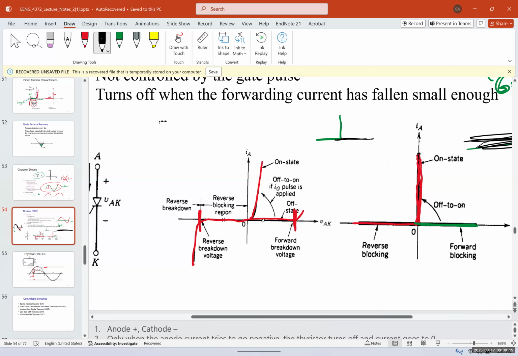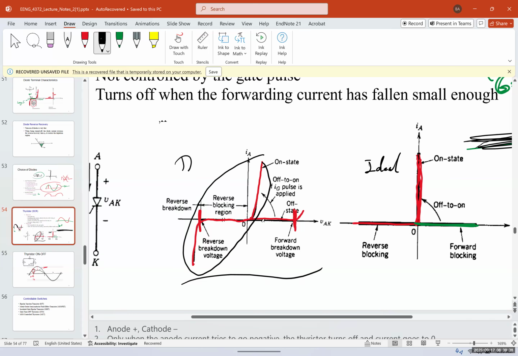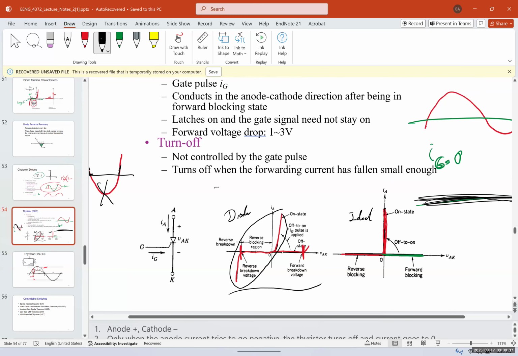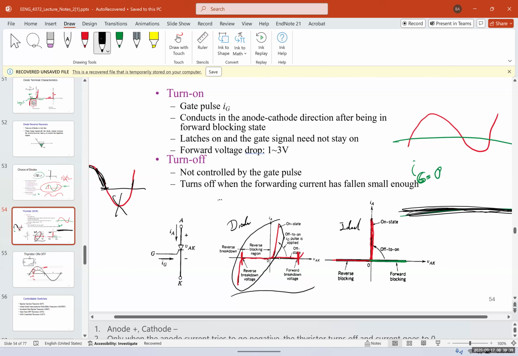It's like a reverse T. That's for an ideal situation. And this is for a practical, real-world situation, and you can see that this part is exactly like a diode. Okay. So adding a gate pulse to a diode, we create a thyristor.